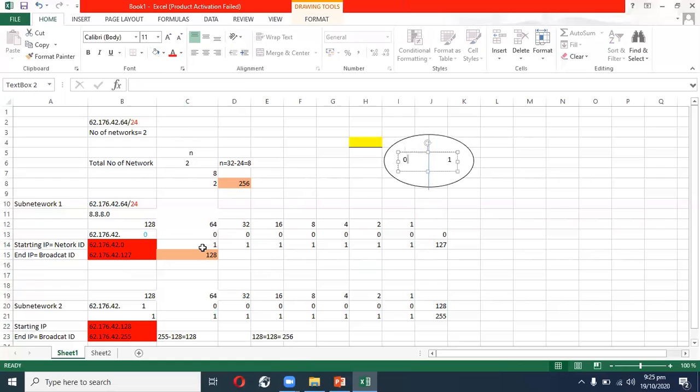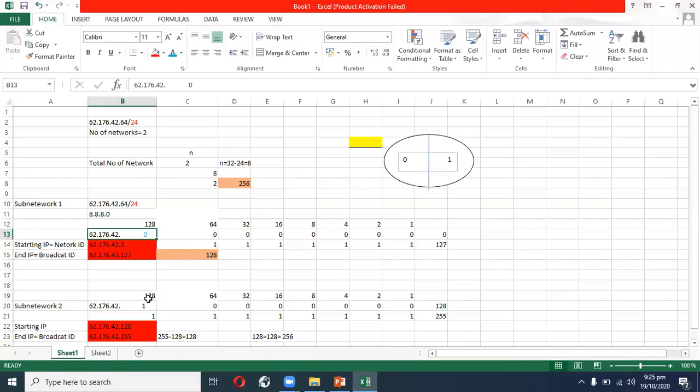The first bit will be 0, like here. And this bit is fixed. You cannot change it. You cannot make it 1. For the rest, first you will make them all 0, and the second time you will make them all 1s. So all zeros will be our starting point and all 1s will be our end point.